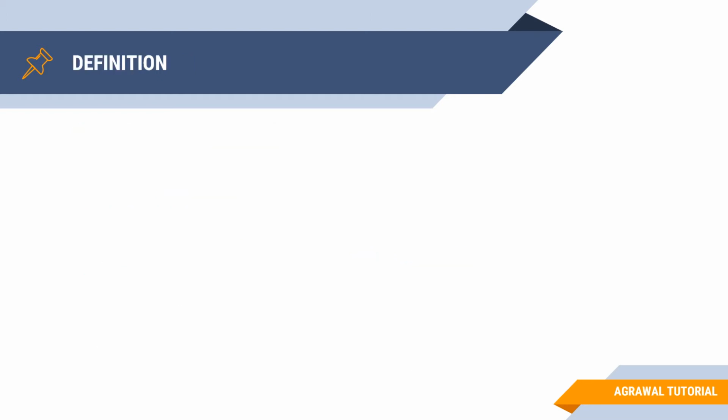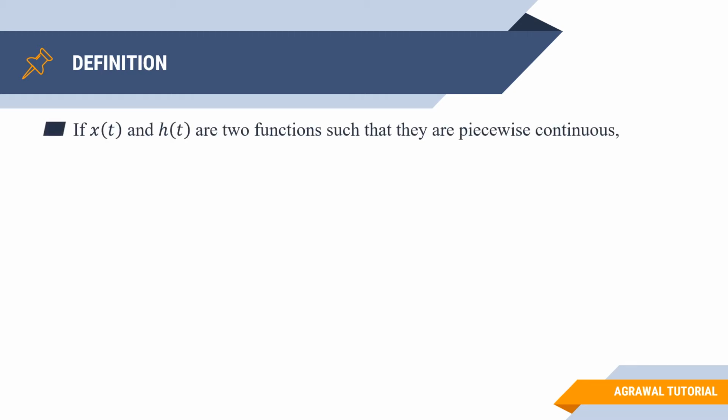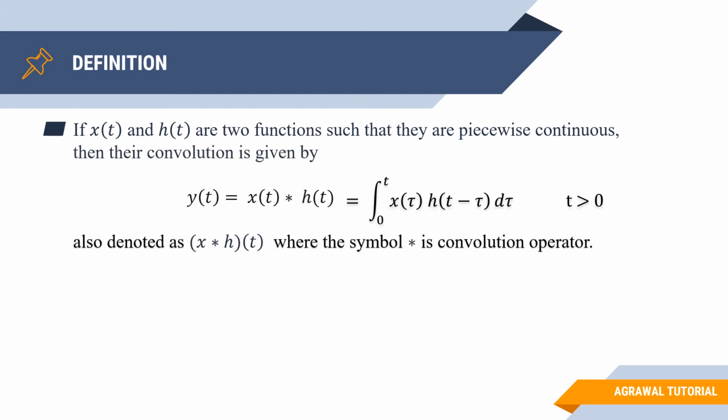Okay, so let us see the definition of convolution. By the definition, if x(t) and h(t) are two functions such that they are piecewise and continuous, then their convolution is given by the integral from 0 to t of x(tau) into h(t minus tau) d tau, for all t greater than 0.